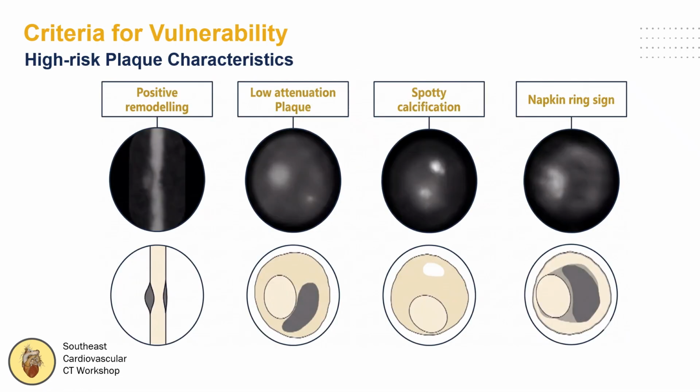Beyond stenosis severity, CTA also identifies high-risk plaque features associated with vulnerability. These include positive remodeling, low attenuation plaque, spotty calcifications, and the napkin ring sign. These features may identify lesions with higher risk of future events or procedural complications.